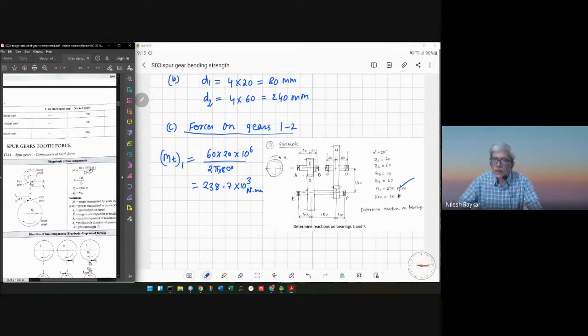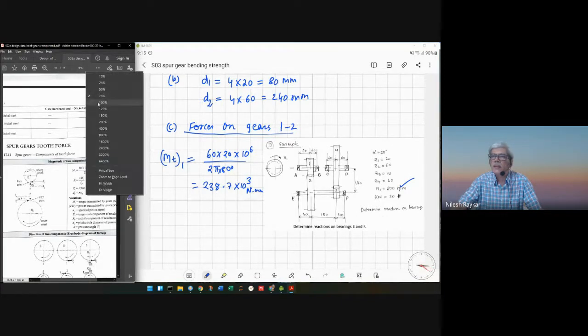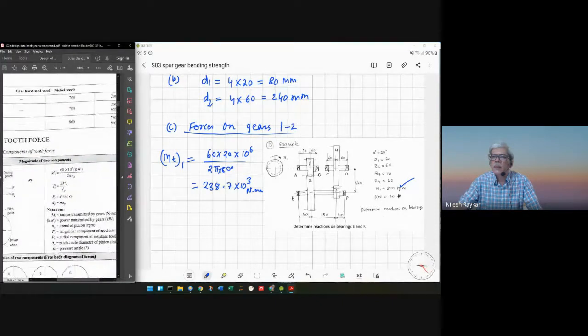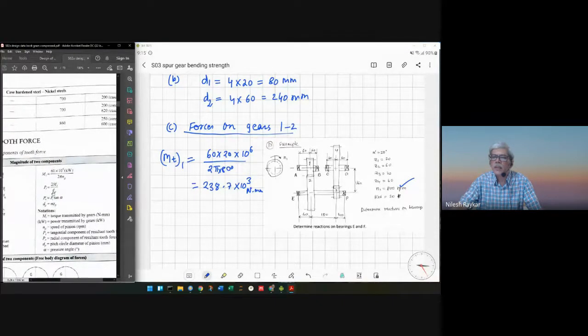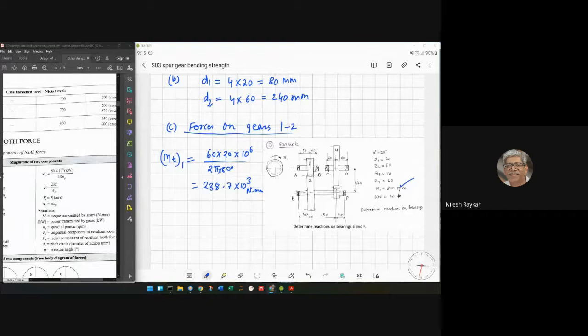So once we know the torque, we can calculate the tangential force and the radial force by using the formulae which are given there. So the tangential force on gear 1 which will be also equal to the tangential force on gear 2.